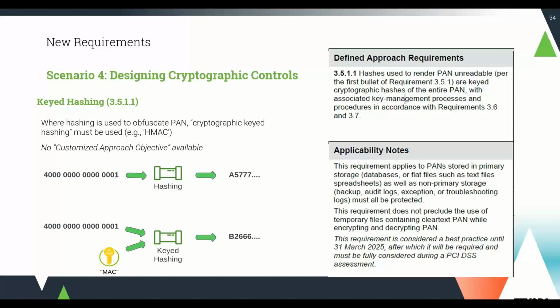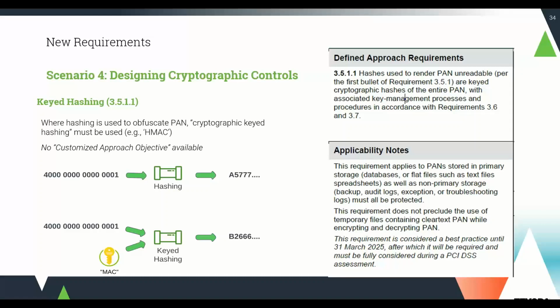Simply explained, looking at the diagram, with traditional hashing there is an input into the protocol and the hash output is, let's say, A5777 in this case. If you put in the same value with that message authentication code, in this case a cryptographic key, it would be a different output than the first output.